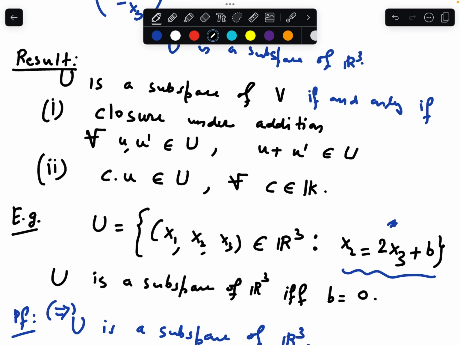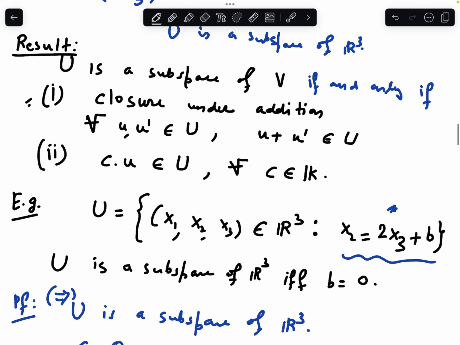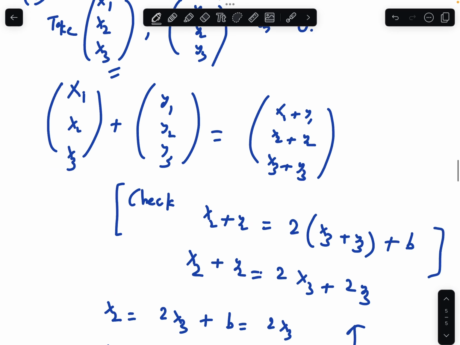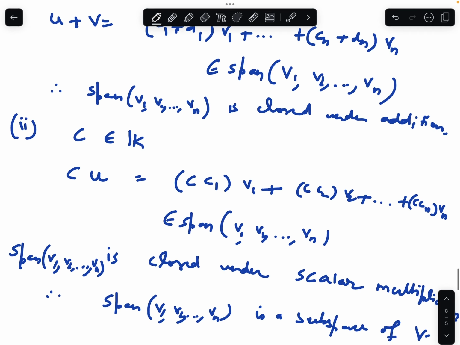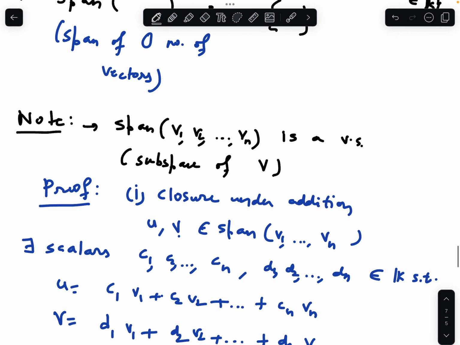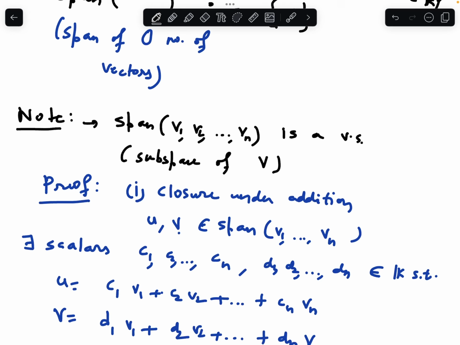So let's give this number two also a name. So the first one was called closure under addition. Let's call the second one closure under scalar multiplication. Okay. So span is a vector space. Fine. That is number one.